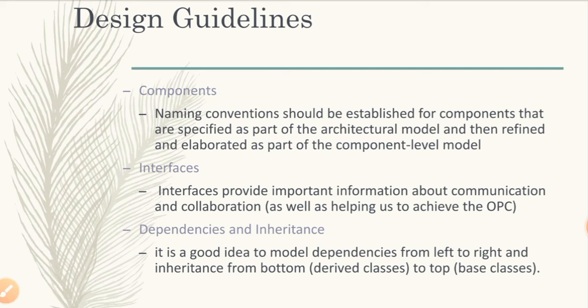Next one is the dependencies and inheritance. It is a good idea to model dependencies from left to right and inheritance from bottom, that is a derived class, to the top base class. If we say the dependencies, what are they? If you are going to print your document, your printer should have pages.